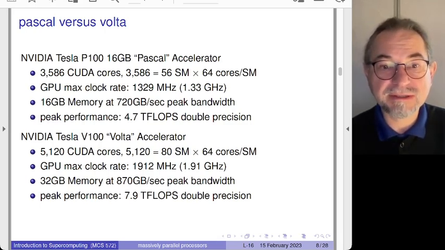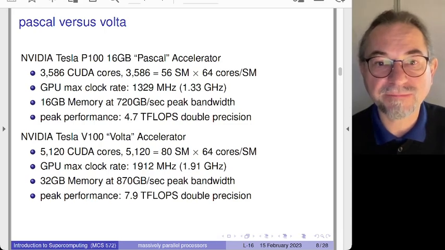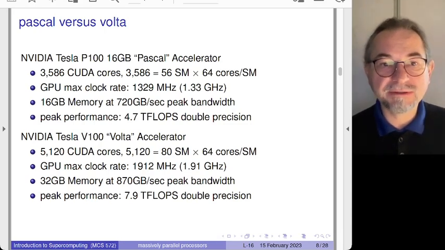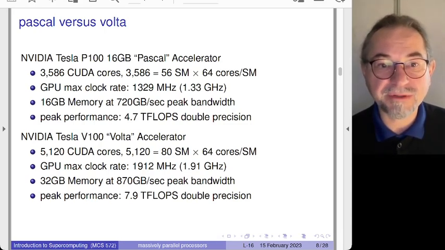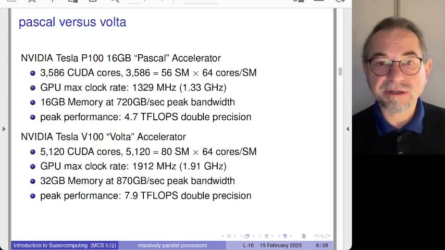The bottom line is that the performance went from 4.7 teraflops to 7.9 teraflops. What I didn't list here are my earlier graphics cards. So Kepler had a theoretical performance of 1 teraflops. But achieving that was kind of hard because there were not as many streaming multiprocessors available.